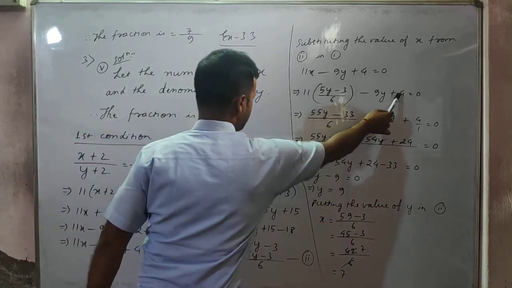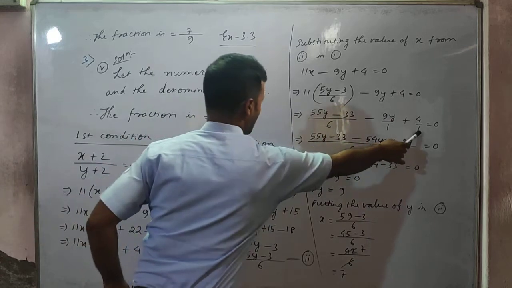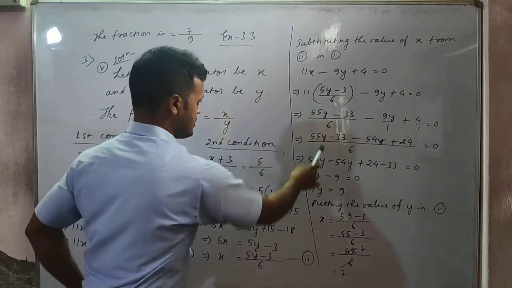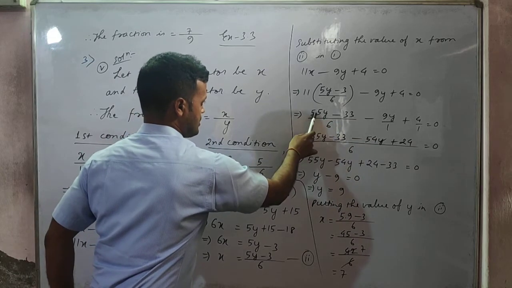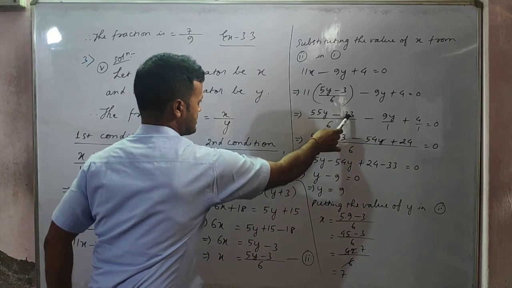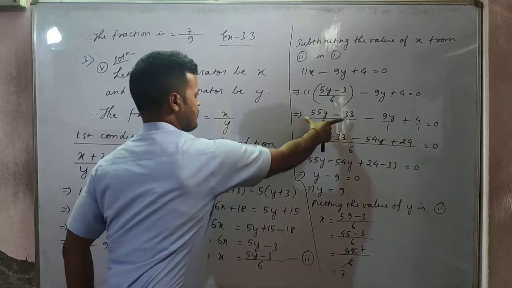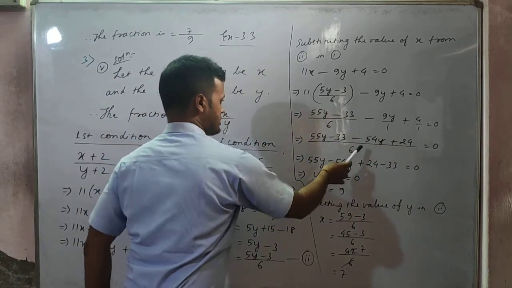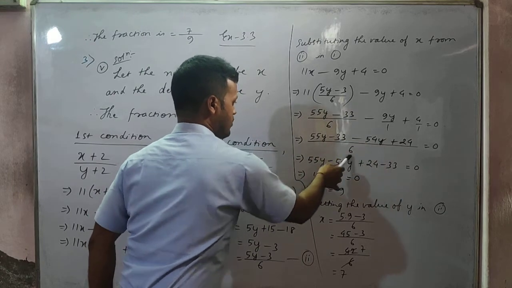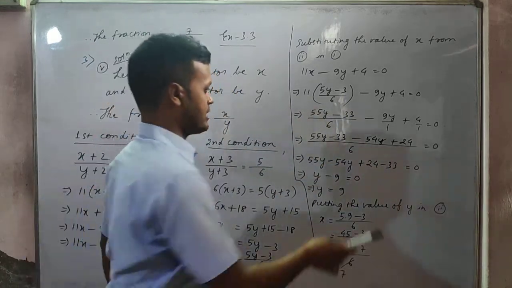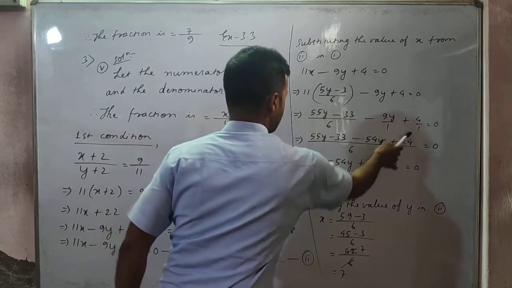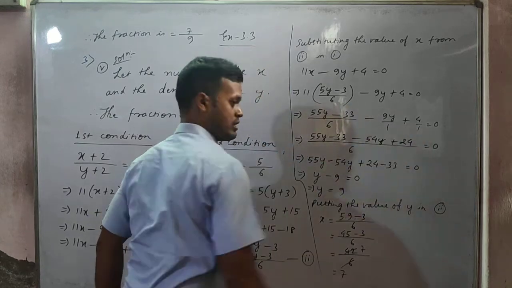Below 9y there is 1, below 4 there is 1. The LCM of 6, 1 and 1 will be 6. Dividing 6 by 6 one time, 1 into 55y minus 33. If I divide 6 by 1, 6 times, 6 9s are 54. Similarly 6 4s are 24.